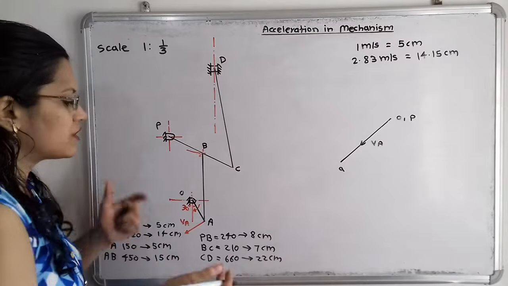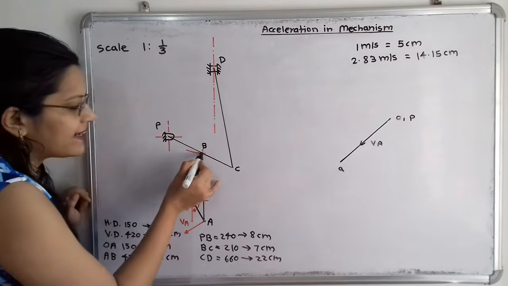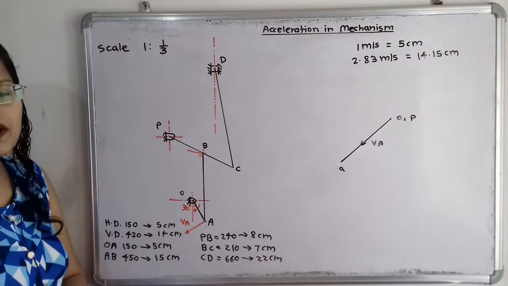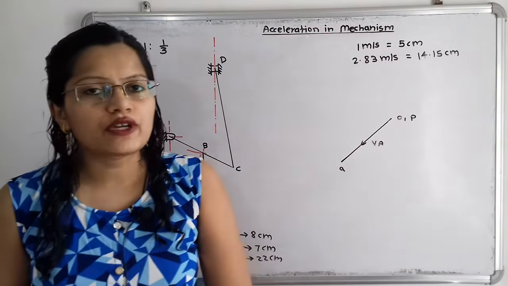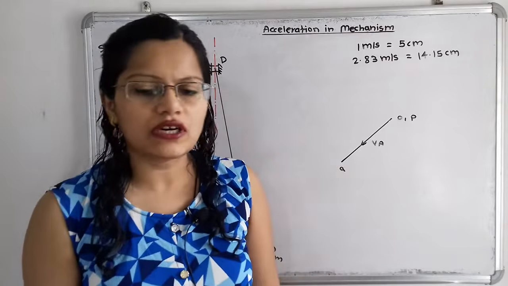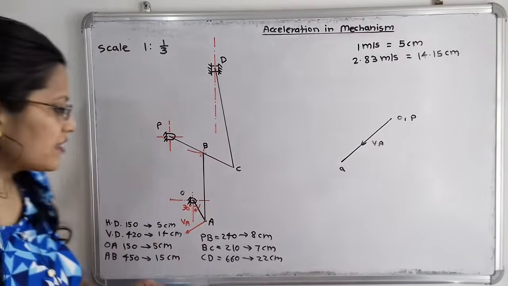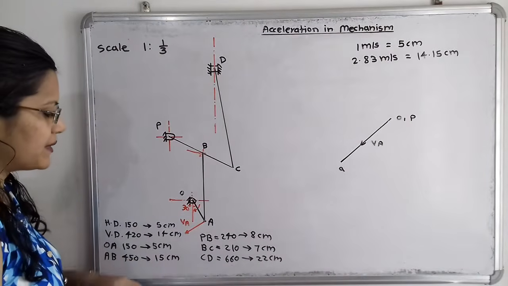Now if we observe the next point, point A is attached to point B, that is the link AB. How to show the linear velocity of this link AB? We know that the linear velocity is in the perpendicular direction to the link. So I will make one construction. With this protractor I will draw a perpendicular line to the link AB.